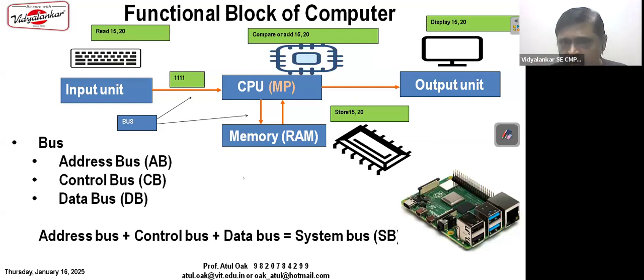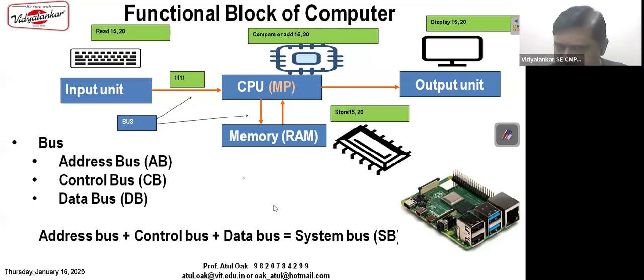There is no computer anywhere in the world which works without these buses. This is just a fundamental requirement. Just as a human needs oxygen and water for day-to-day life, your microprocessor needs the address bus, control bus, and data bus, the combination, the system bus. Now let's understand how and why.